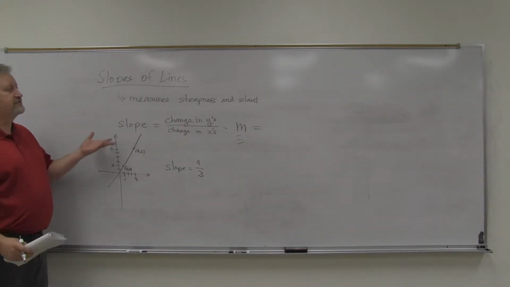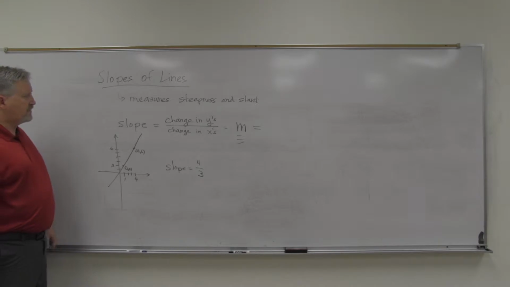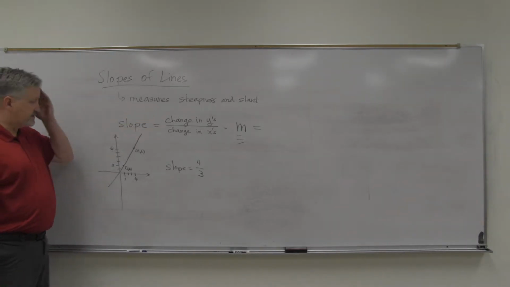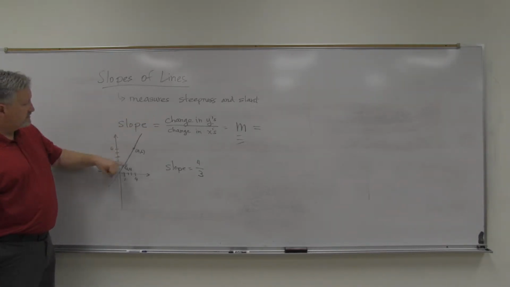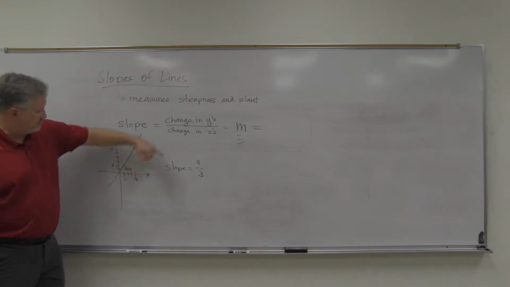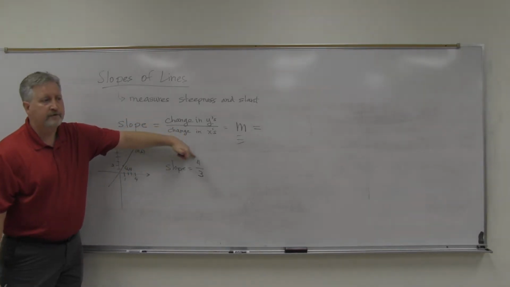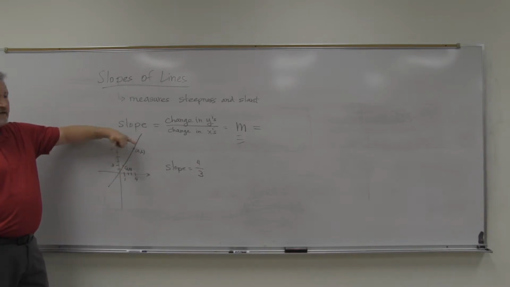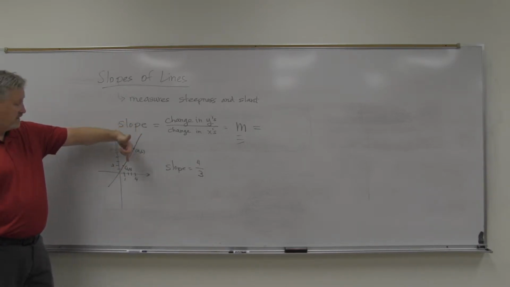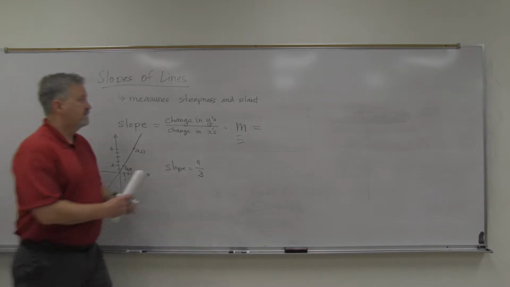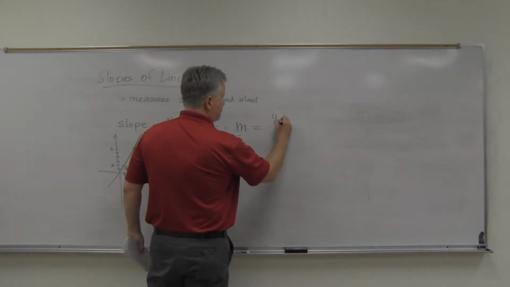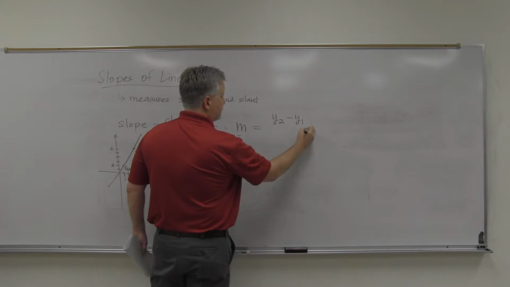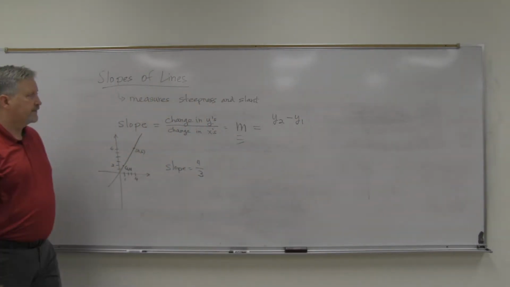There is a formula we use to represent this. To get the top number, the 4, I had 6 and 2, so I subtracted those. I took the second y and subtracted the first y. So formula-wise, that's how we remember it: second y, or y2, minus y1, first y.